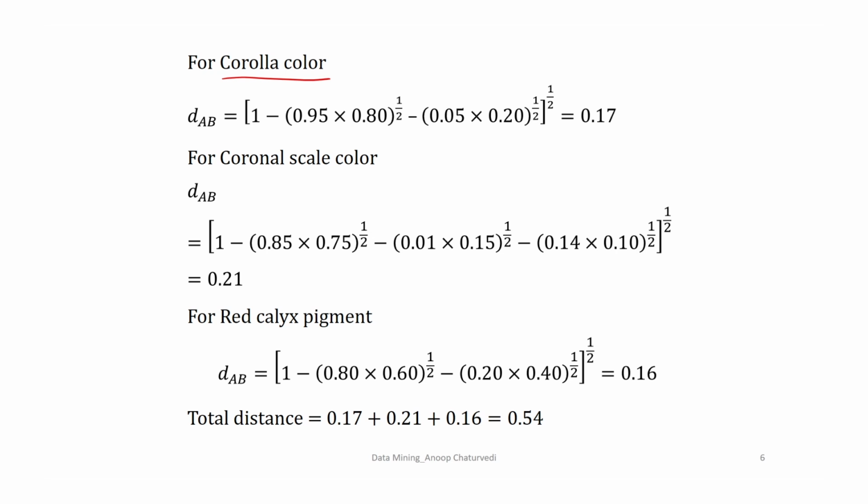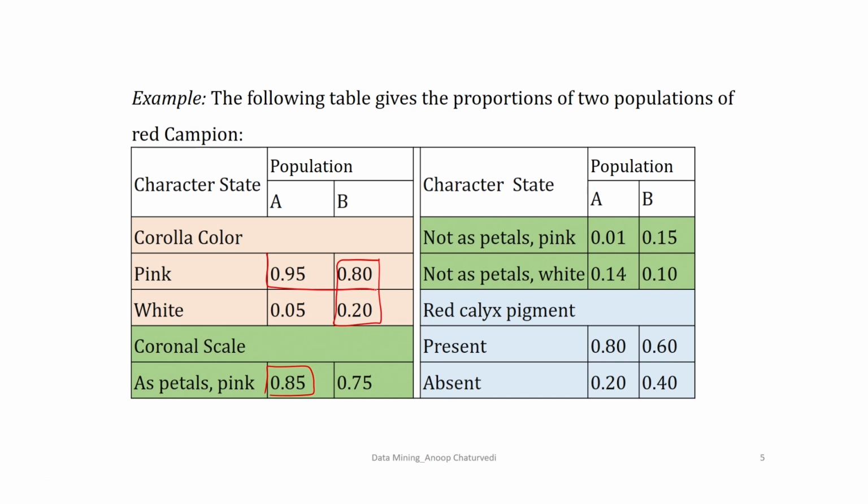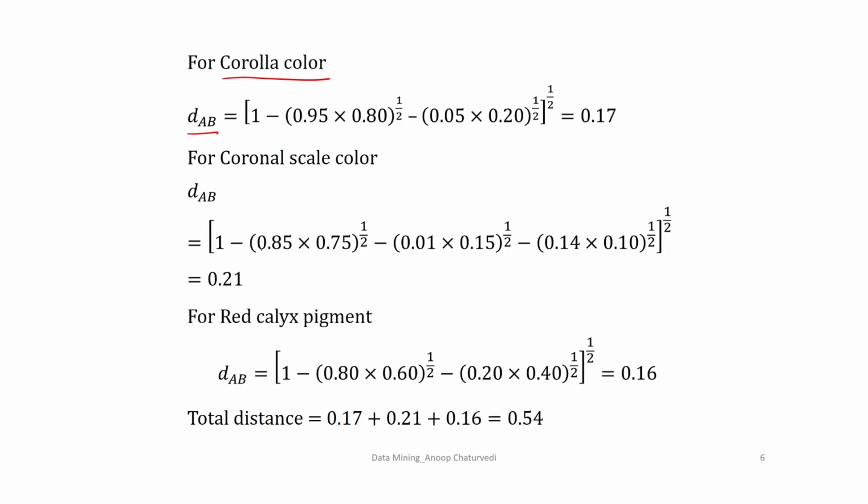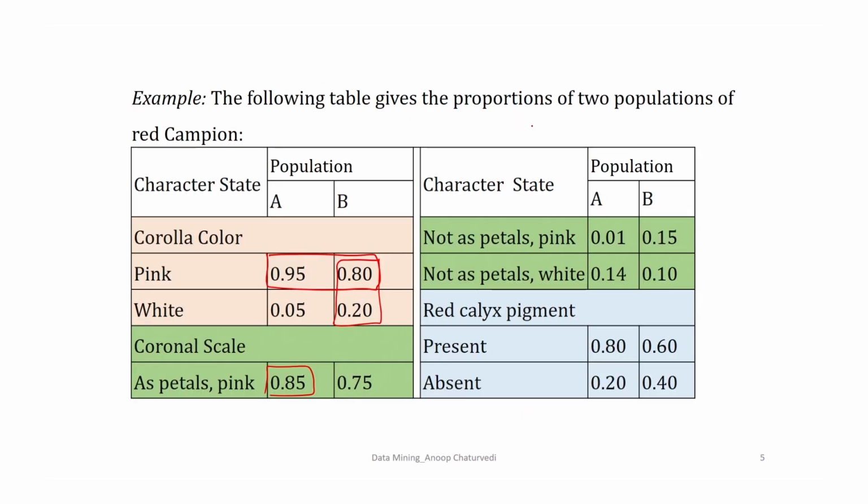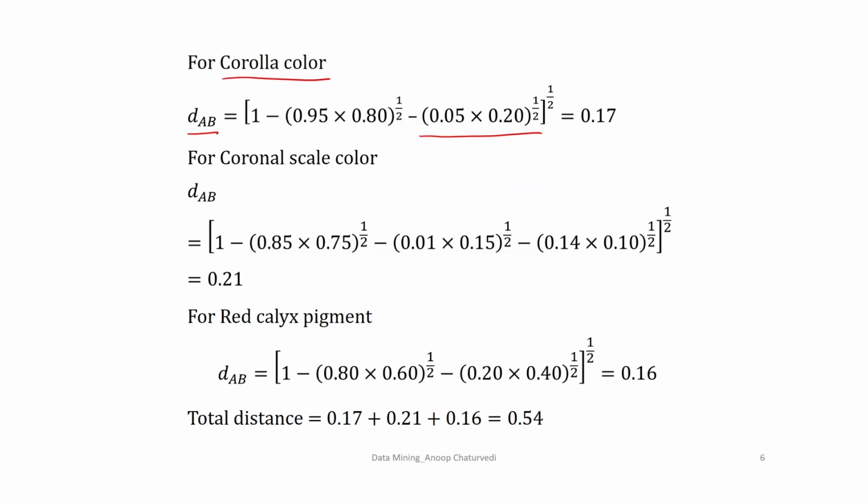On the basis of this particular character state, DAB is equal to 1 minus (0.95 into 0.80)^(1/2) plus (0.05 into 0.20)^(1/2), and then we take the whole to the power half. So, ultimately you get 0.17.